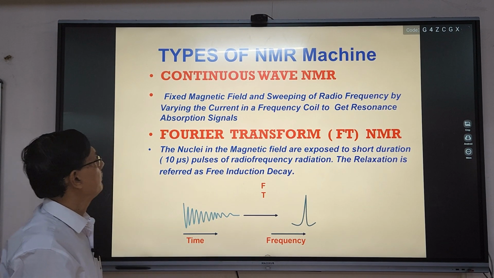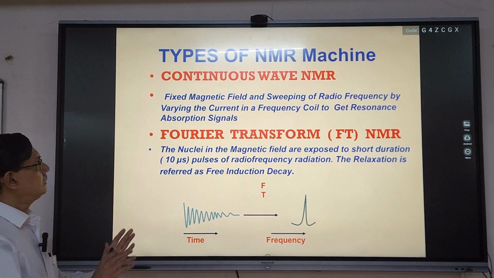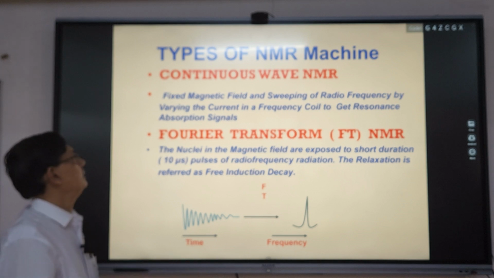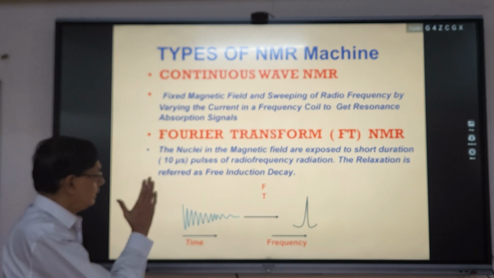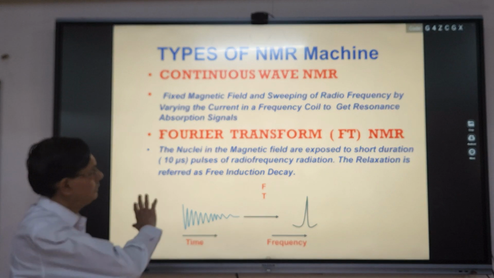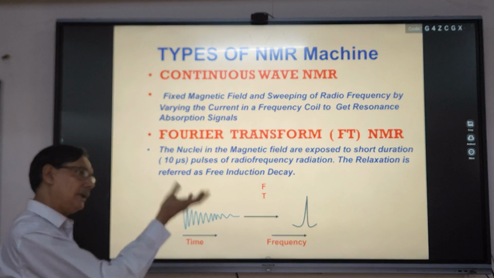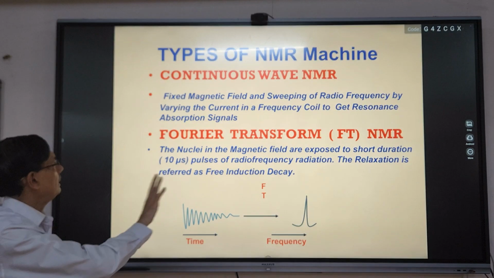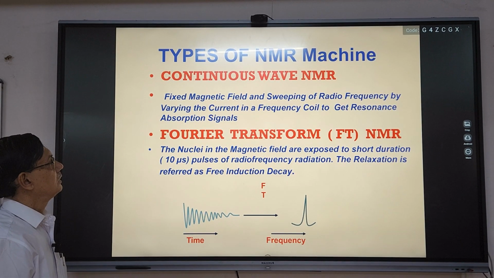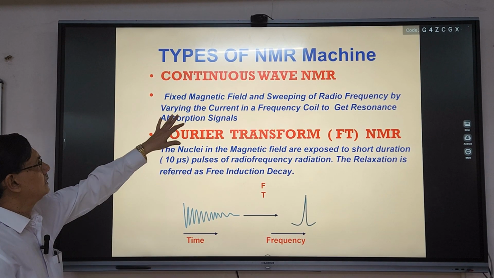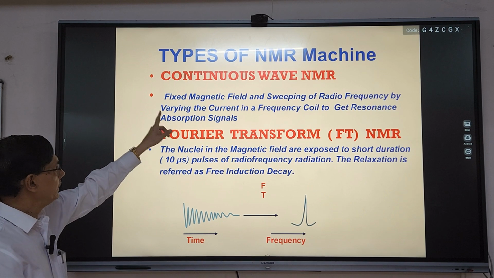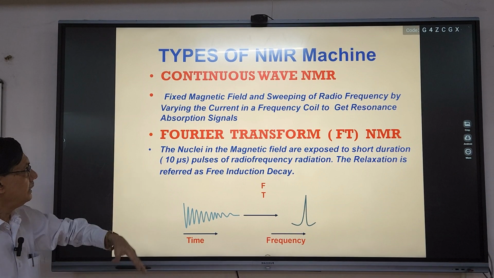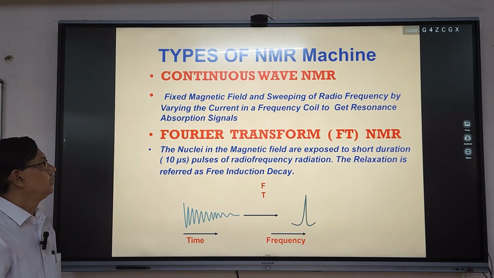Continuous wave NMR means, for example in a 90 megahertz machine, the magnetic field is fixed and we change the radio frequency, or vice versa, the radio frequency is fixed and we vary the magnetic field. So it is a very old system.